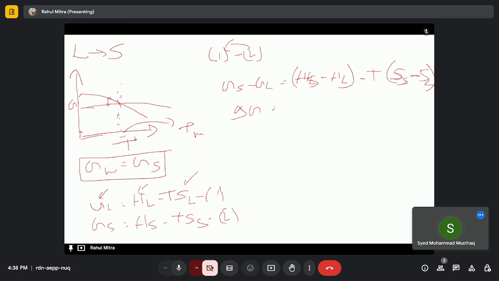So delta G equals delta H minus T delta S.